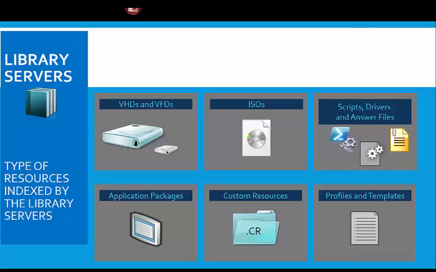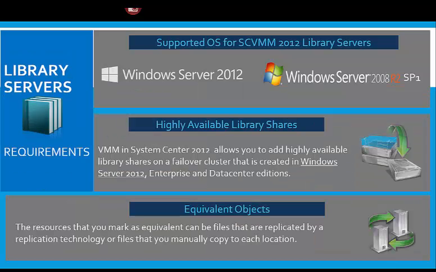We also have cloud libraries in our library servers: self-service user content, stored virtual machines and services, and the update catalog and baselines. The library servers can be supported on Windows 2012, both flavors, or a Windows 2008 R2 Service Pack 1 machine. Highly available library shares are able to be configured, and equivalent objects are resources that you can have replicated by using the replication technology you would normally use, or copy from each location.